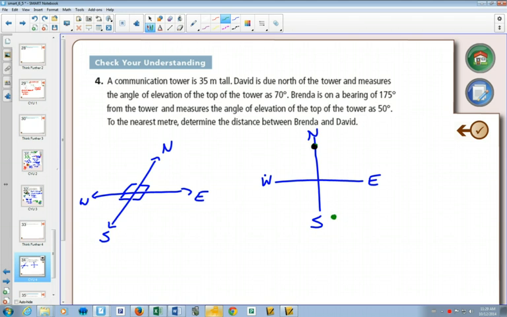This guy should be further this way. And we have this length to this one. The tower is right here in the middle. This length to this one. And we want to find out this red line from here to here. Correct? And we know that this angle in there is 175 degrees.